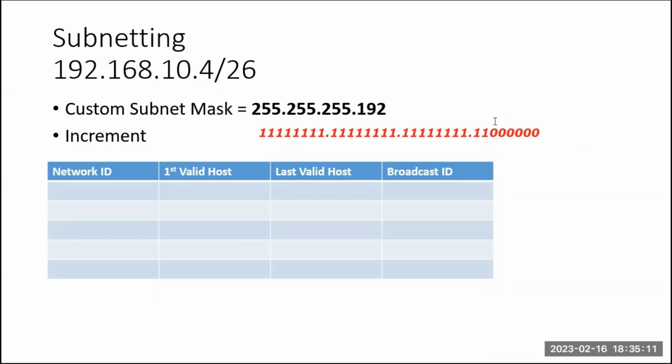That's the binary number that we would convert to get this. The octets with all ones are 255, 255, 255, and we convert this last one to decimal, we get 192. Is that clear?